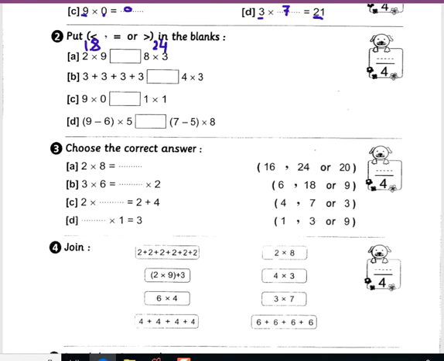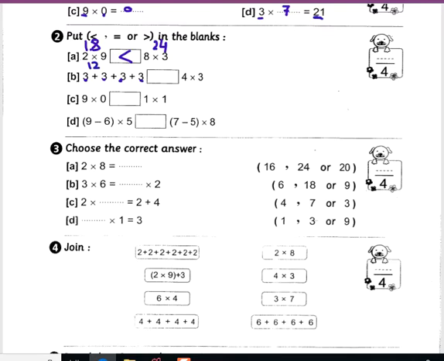24, which is greater here? So sign equals, it will be less than. 18 is less than 24. Number B, 3 plus 3 plus 3 plus 3. 3 repeated 4 times. 3 plus 3 plus 3 plus 3 equals 12.